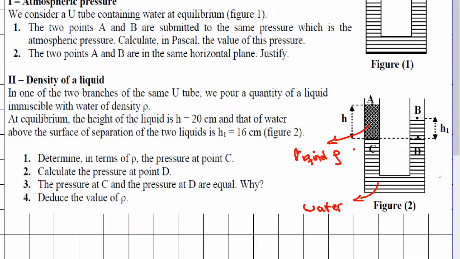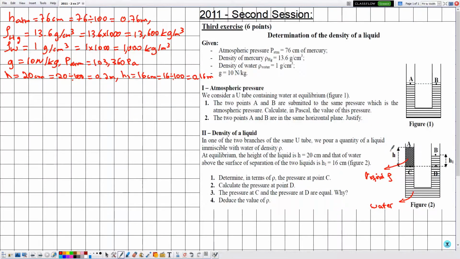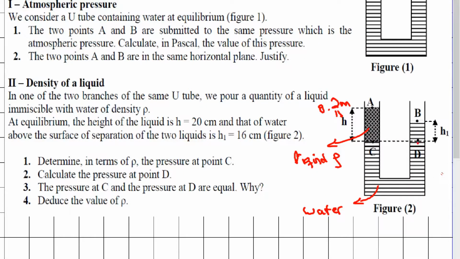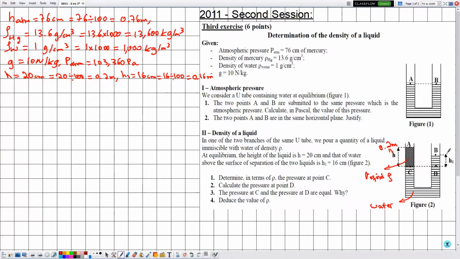The height of this liquid is h, whose value is 0.2 meters. And above the point D, the level of water rises to a height h1 equal to 0.16 meters. This is the given, and everything is at equilibrium.